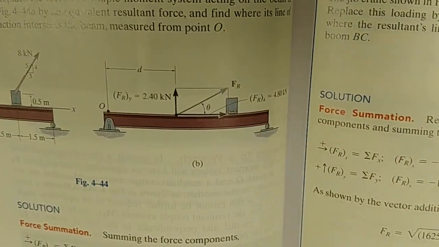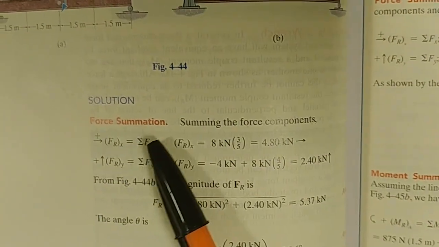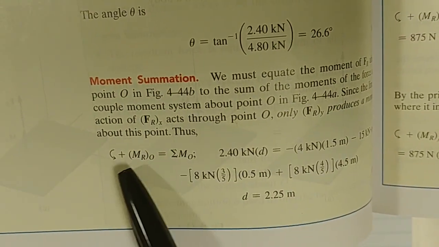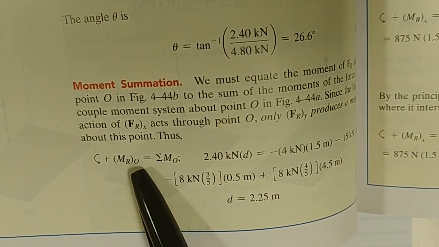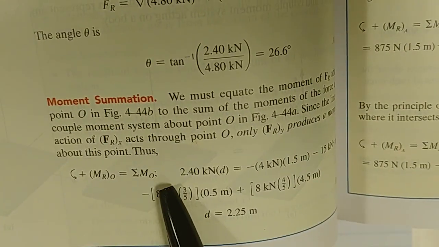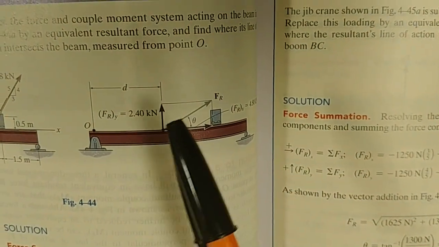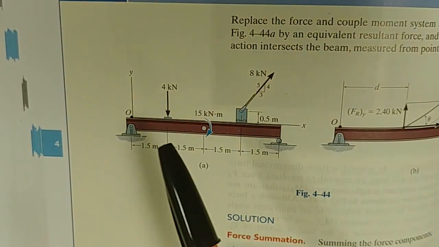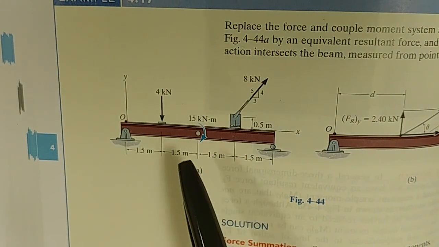So the first thing we do is sum up all the forces, but then we need a moment summation. We need to say the resultant moment about O is equal to the sum of all the moments of the forces. So that resultant moment, which the resultant force causes about O, is equal to the sum of all the moments due to all the forces, plus this couple moment here.